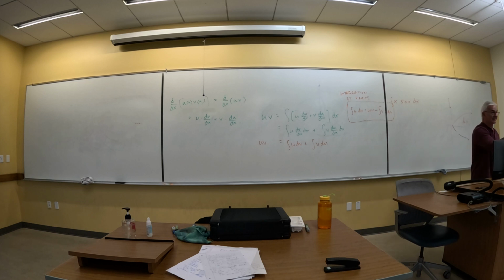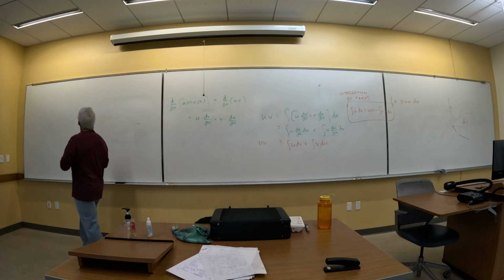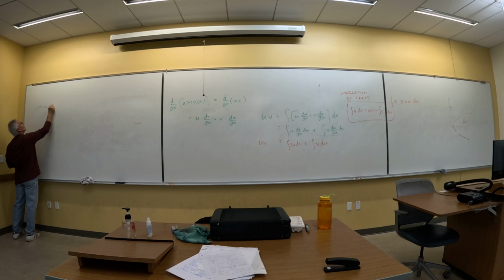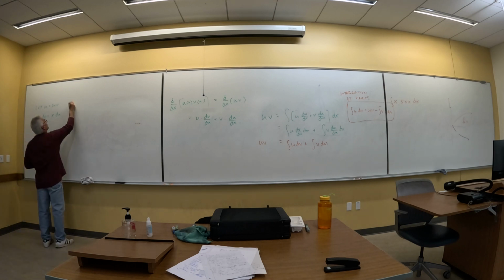It actually won't matter. I can still perform the problem. So let's start. All right, let's suppose I start the problem by letting u equal the sine of x, and the dv will be x dx. Remember, it's implied that everything's a function of x. Well, if that's the case, then what would du be?